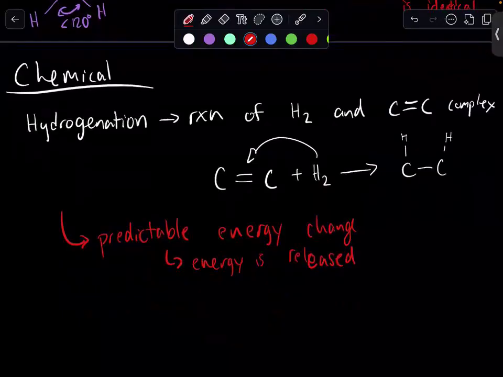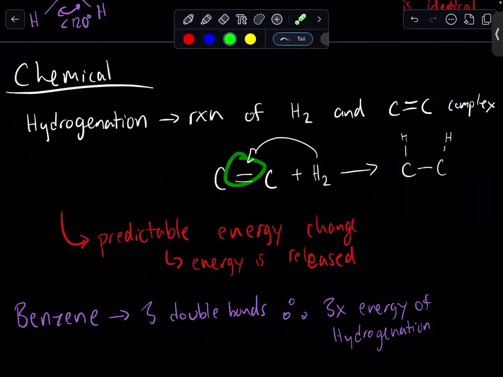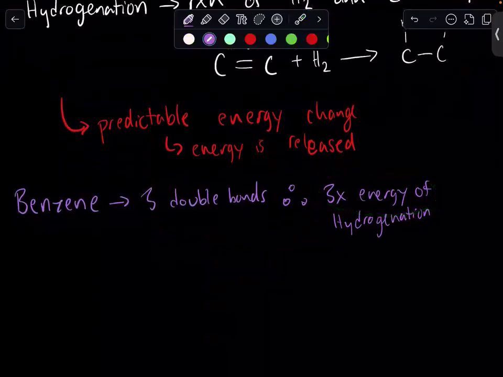So the weird thing with benzene, which in the original structure would have 3 double bonds, is that it would therefore produce 3 times the energy of hydrogenation. If it's got 3 double bonds, for each double bond we break, we get that amount of energy, so 3 would be 3 times the energy. But this is where benzene differs and tells us chemically it must not have double bonds.